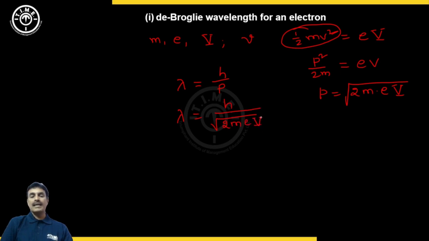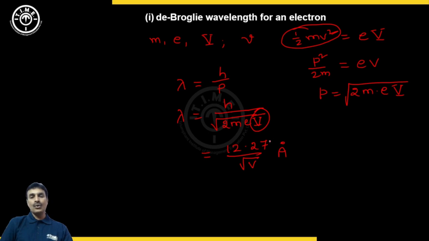See, in this, except V, all the remaining are known values. h is Planck's constant, that value we know. 2 is a constant. m is the mass of the electron. e is the charge of the electron, that value is also known. The remaining is V. Keeping this root V as it is, substituting all other values, it comes out to be 12.27 by root V, where V is the accelerating potential. Simplification of the remaining values gives you 12.27 in angstrom unit.